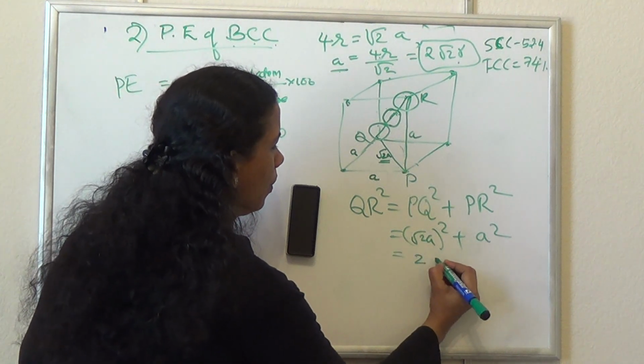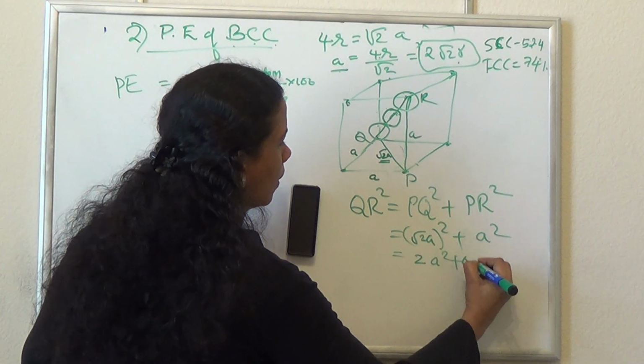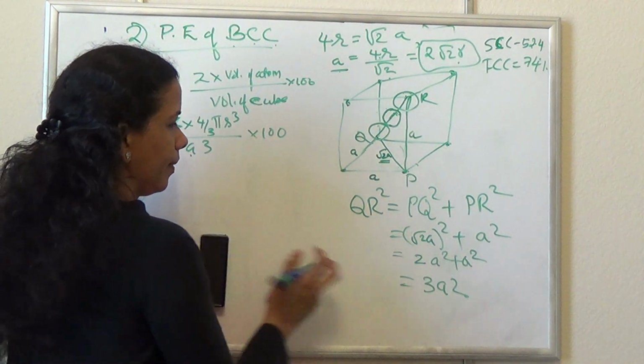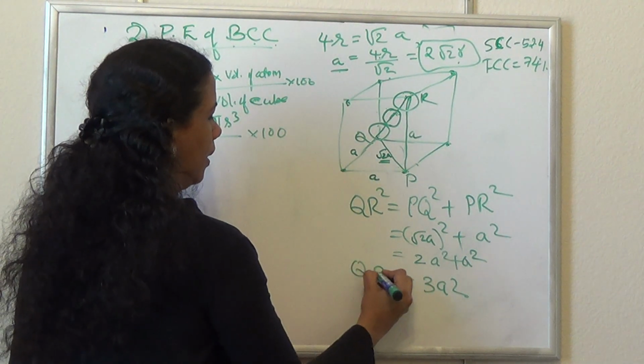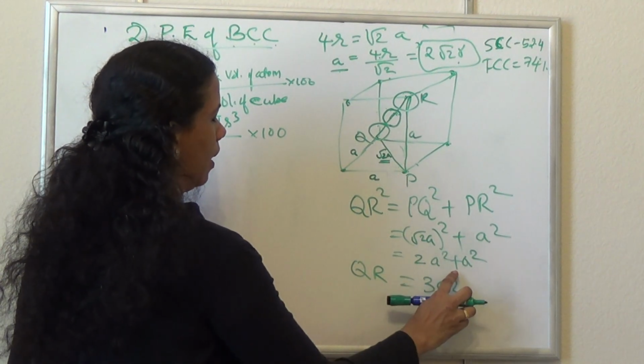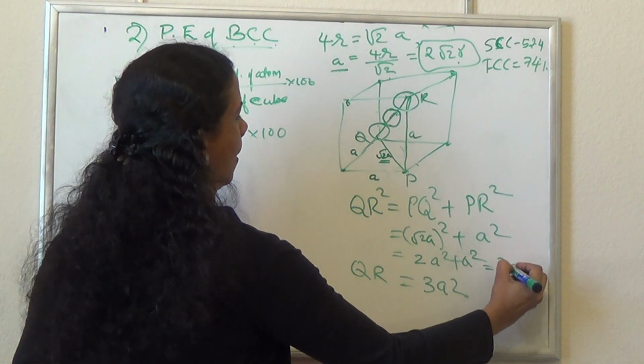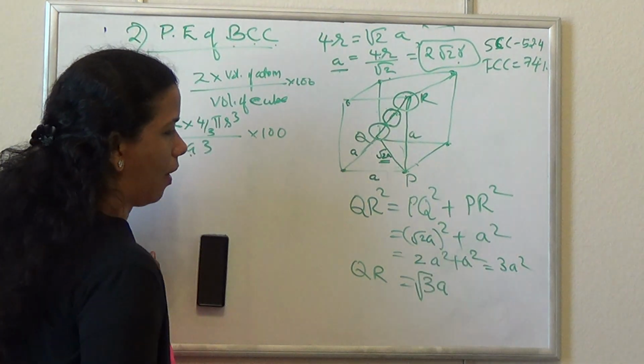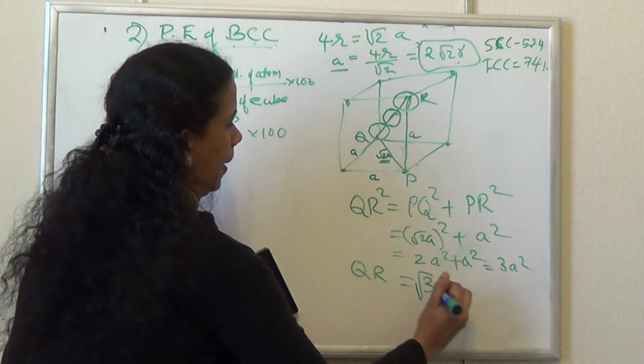It will get 2a square plus a square, that is equal to 3a square. So QR is equal to root 3a.